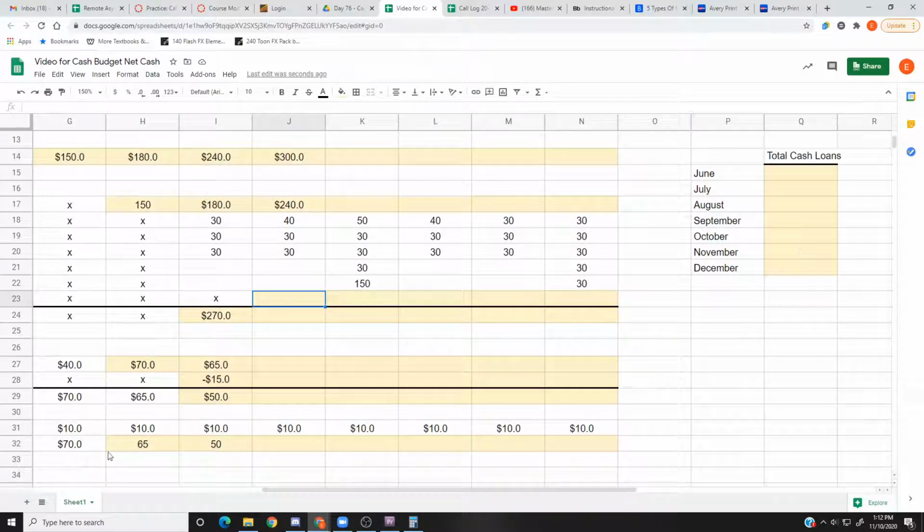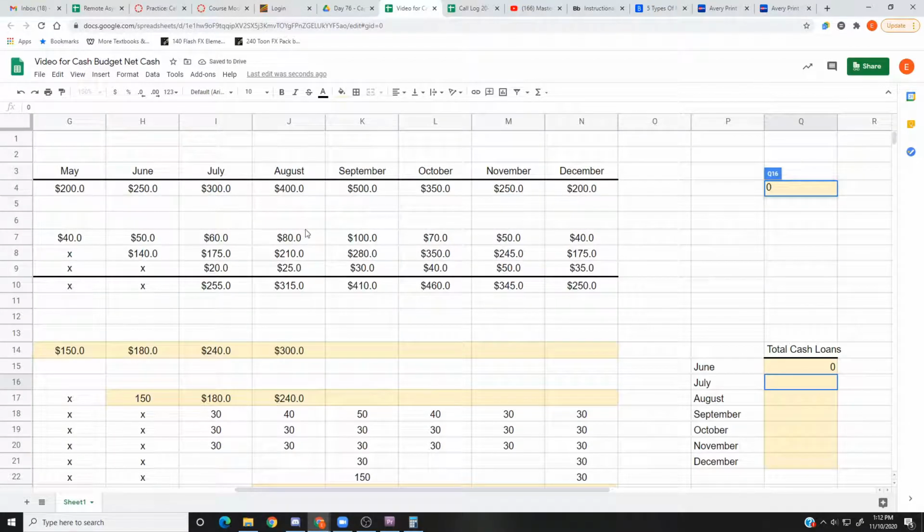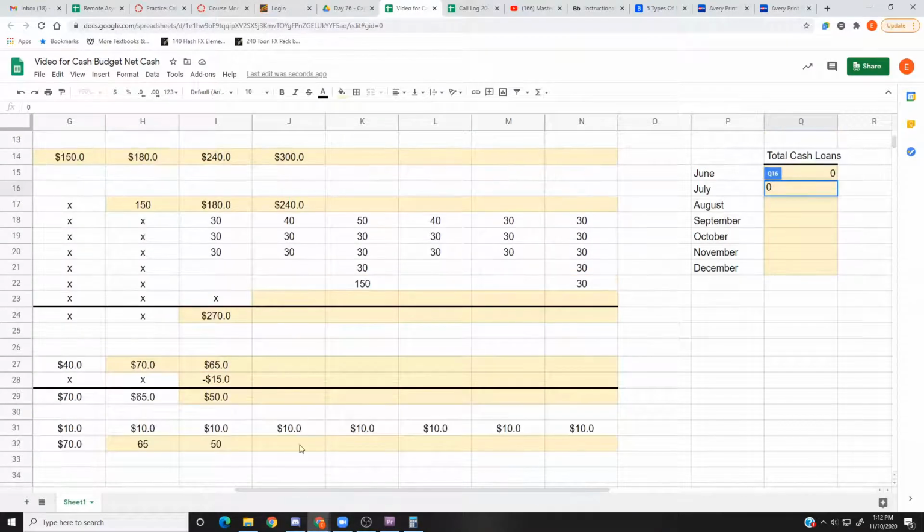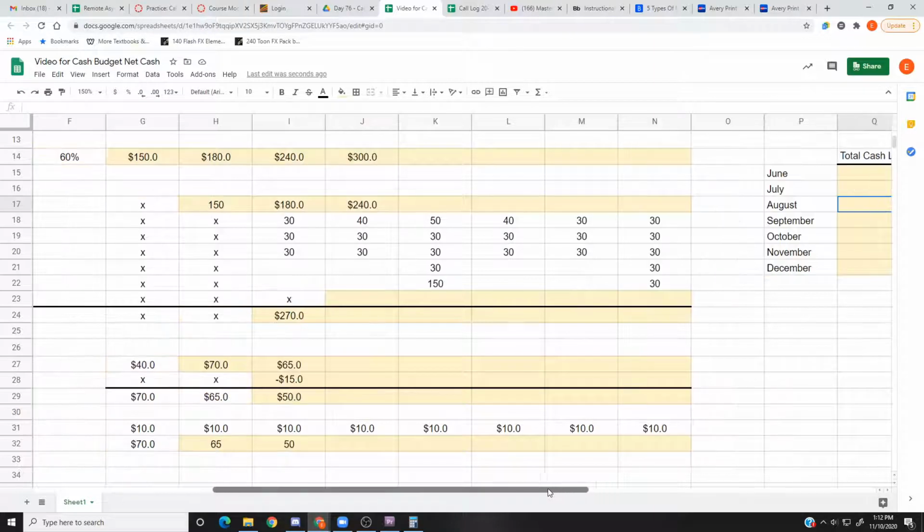So in June, I had positive cash. So I don't owe any loans. In July, I had positive cash. Okay, now we're in August. So when we get done with August, if we owe money, we're going to have to add that in here. This is to help us keep track of any loans we've had to take if we don't have enough cash. Okay, so let's keep going.